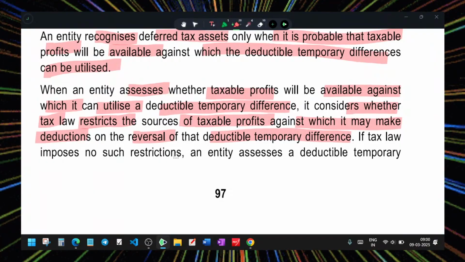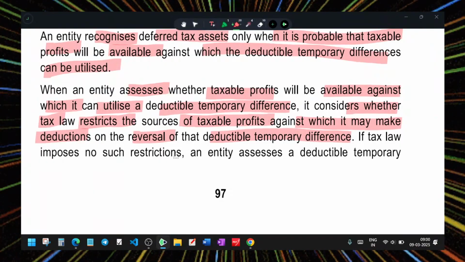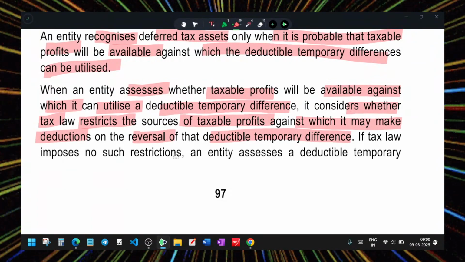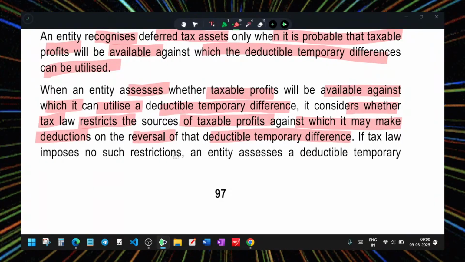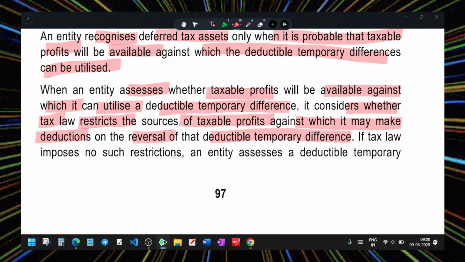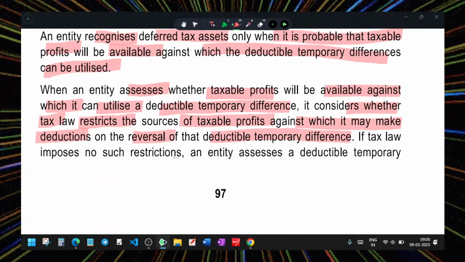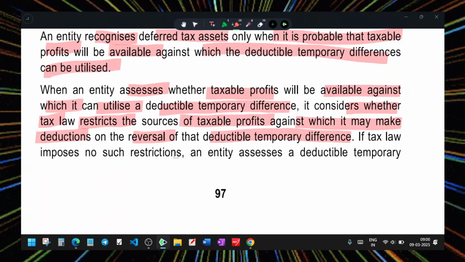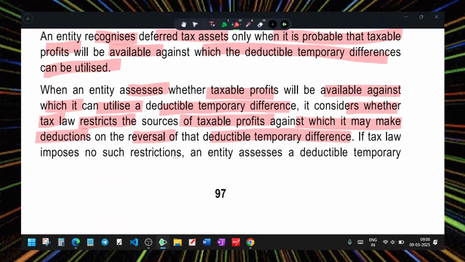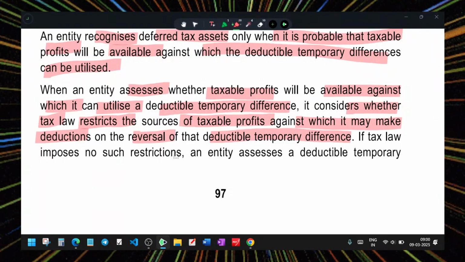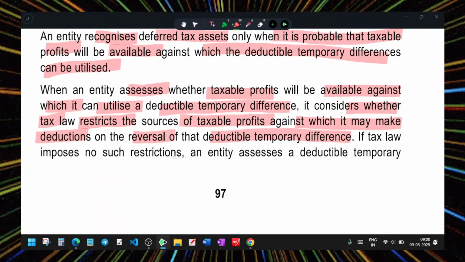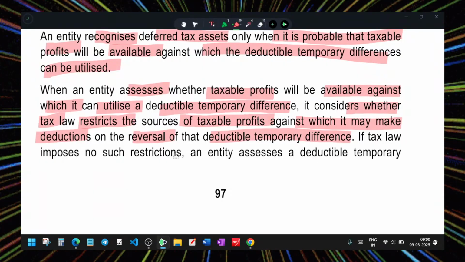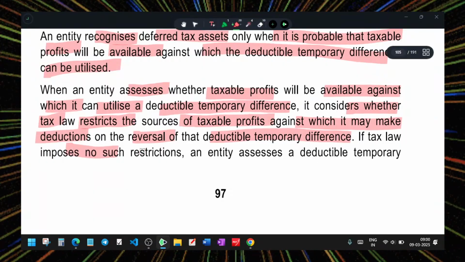So you can book it now, but whether the law restricts, the law may say you can't, the difference is not to be added to this taxable difference. What law, sir? India, no problem, sir. When you go to another country, if their income tax doesn't approve it in the business, you have to consolidate the financial statements. If that country doesn't allow that temporary difference, you should not do it. That was said. The tax laws impose no restriction.